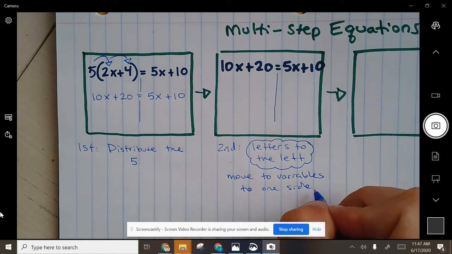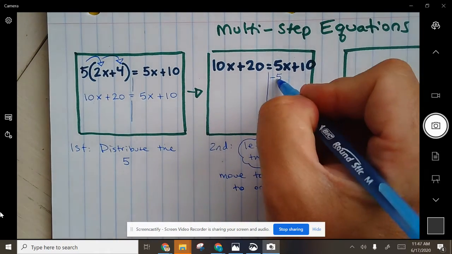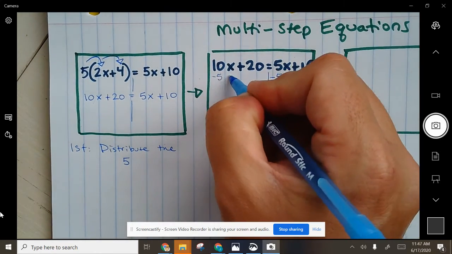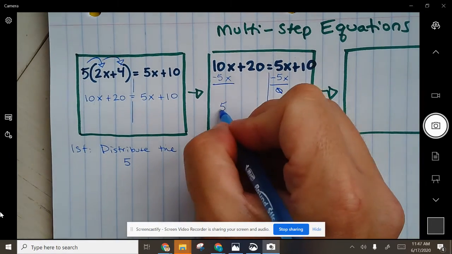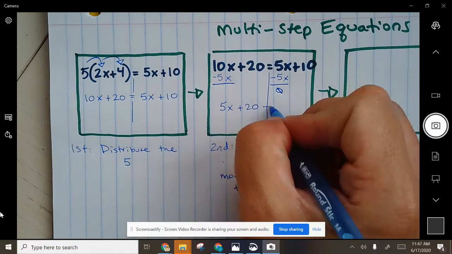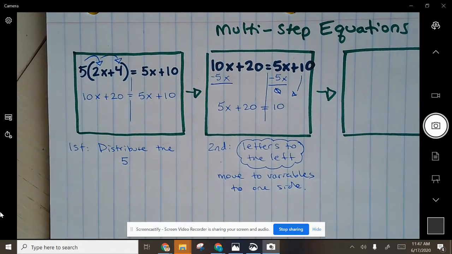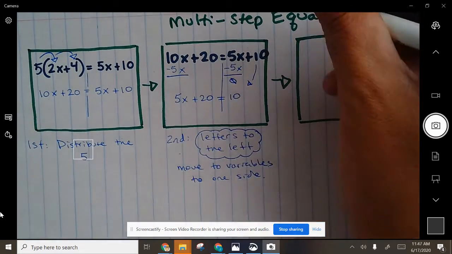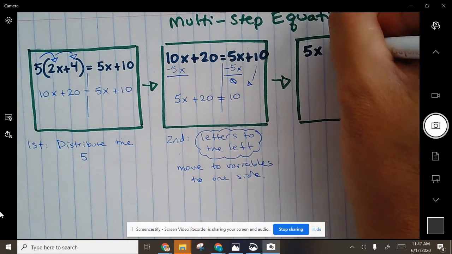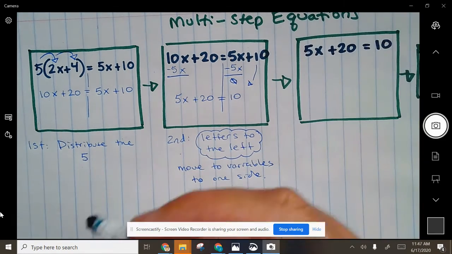I always choose the left side, but you can move variables to one side. So go ahead and just subtract 5x from both sides. That cancels out. Then I get 5x plus 20 equals 10. Not too tough.